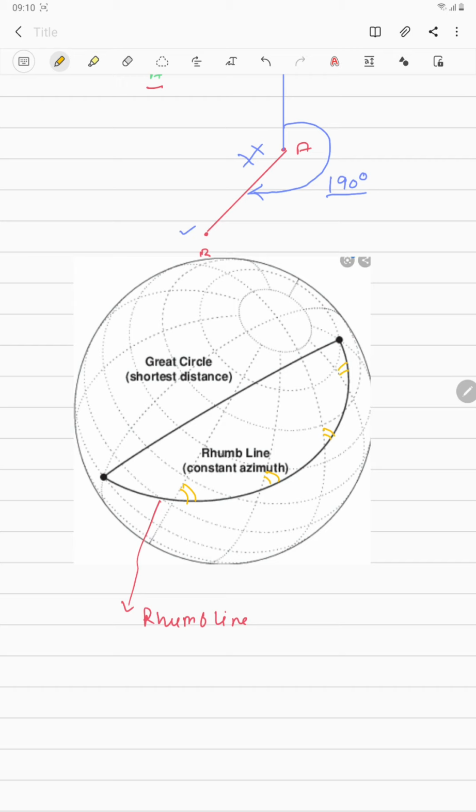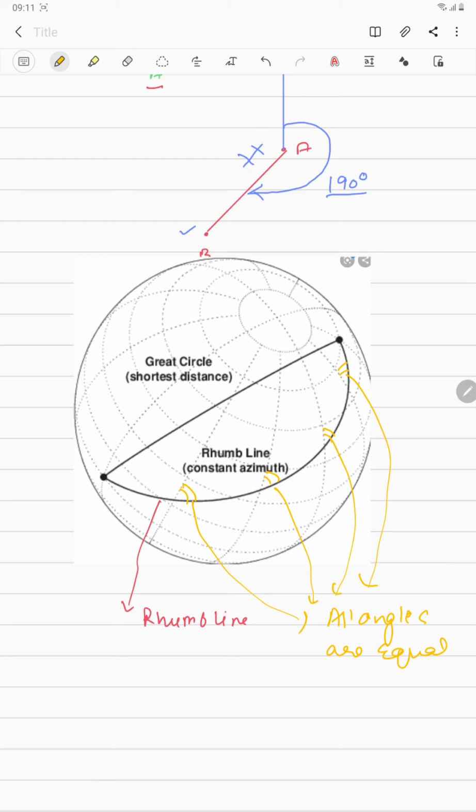All right, so guys, all the yellow angles which I have marked, this one, this one, this one, and this one, all these angles are equal. Okay, all these angles are equal.